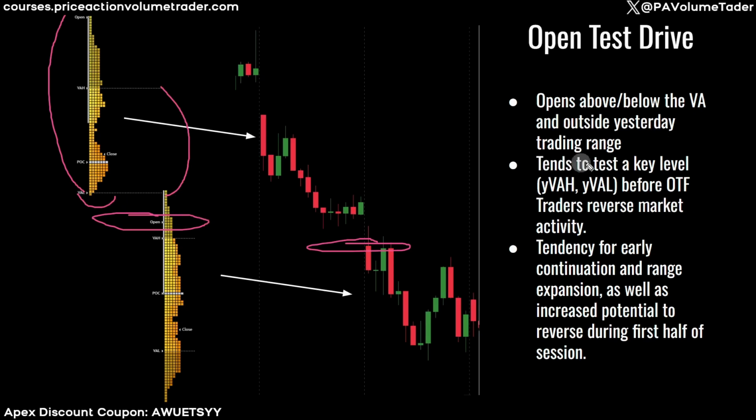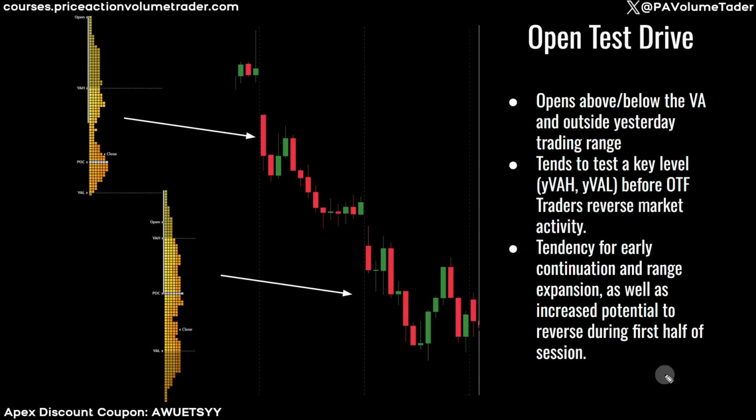The open test drive tends to come back and test a key level. A lot of times it can be like yesterday's valley area high or low before the other time frame traders or the big players are going to reverse market activity.